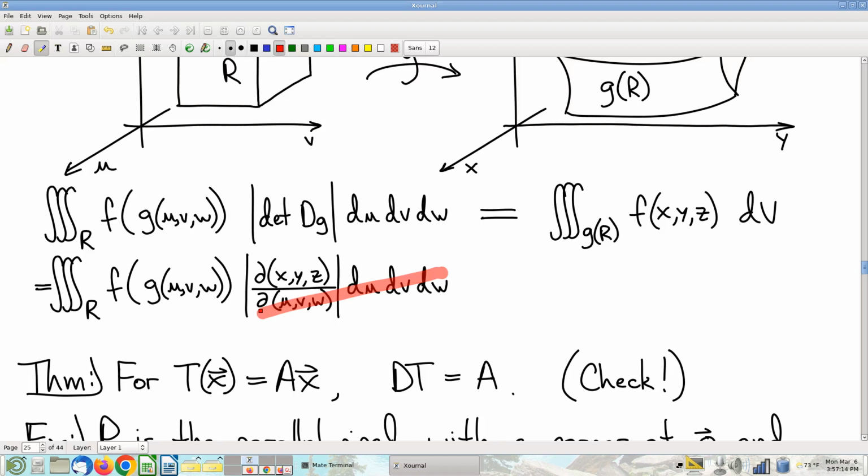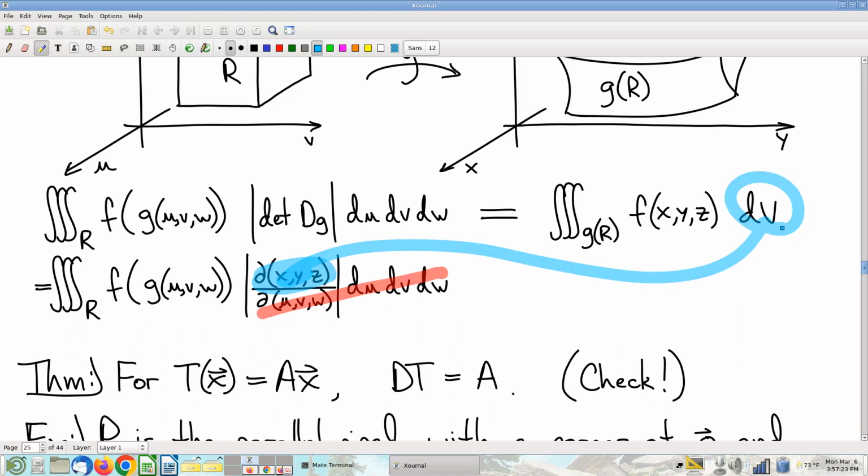It's like the UVWs cancel, which of course they did not, but it's like they did, thus giving you XYZ volume. So having it look correct in this nonsensical argument will always have you pointed in the right direction.